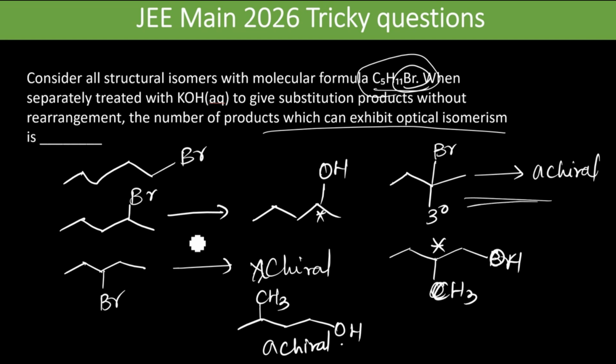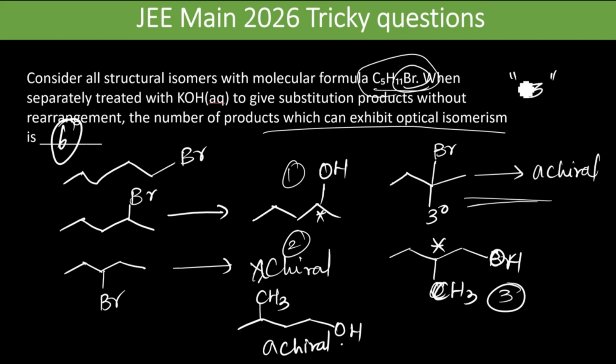Okay, so what are the molecules having chirality? 1, 2, 3, which can exhibit optical isomerism. So 3 alcohols can show optical activity. If I am counting both the enantiomers of this optically active compound, then that would be 6, right? But the answer is given as 3 only.